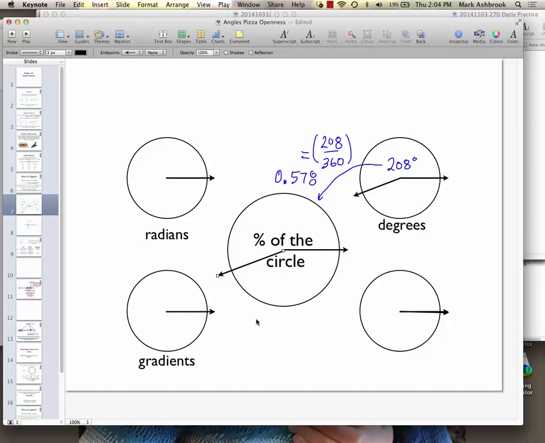So now as percent of a circle, it's 0.578 of a circle. How do we get radians from that? Yeah, we want that fraction of a full circle in radians. What's a full circle in radians? 2 pi. So we want 0.578 of 2 pi.